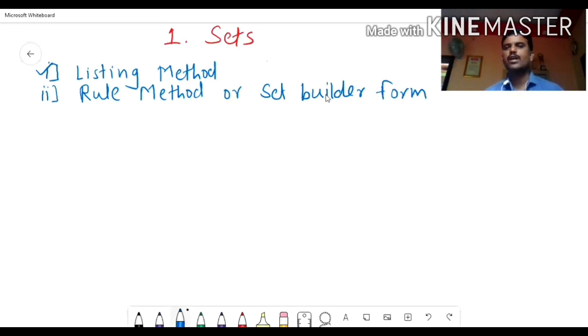Now today we are going to learn the second method of writing a set, and it is called the rule method or set builder form. If you read the name, it is the rule. Rule means the property. So here we use the property of the variable for writing the set.